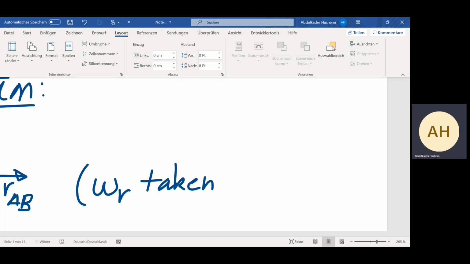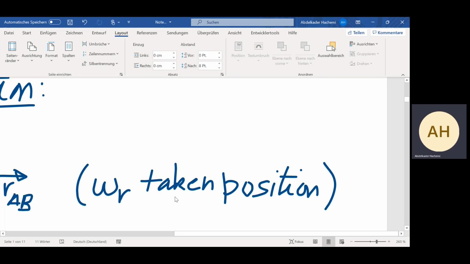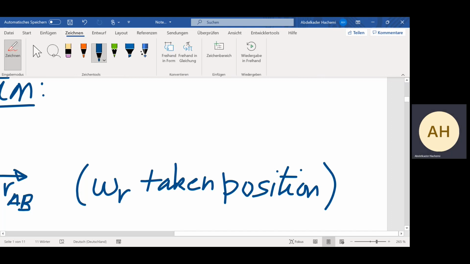We assume that it's positive, and after this, by calculation, we find the right direction of omega, if it's really in the direction of Z or opposite to the direction of Z. Then taken, once again, positive.